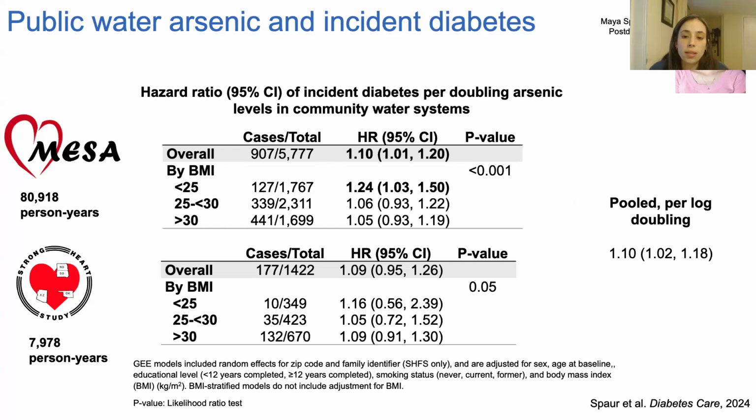And so for a log doubling in water arsenic, we get a hazard ratio of 1.10, which is also very similar with the magnitude of the effect estimates that we see when we use urinary biomarkers of inorganic arsenic. So I was happy to see that. That reassured me, at least, that we weren't getting wildly different magnitude effects from these 2 approaches.